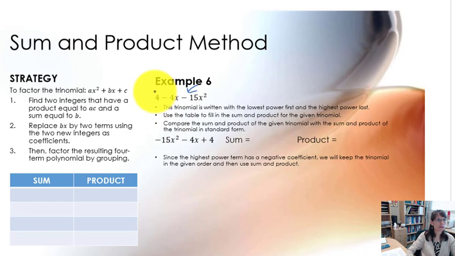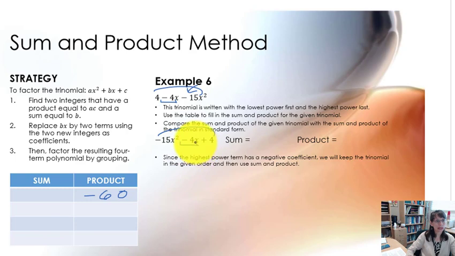So if you multiply 4 times negative 15, that product is negative 60. So I'll put that in our table. If you have the trinomial written in the standard form, negative 15 times 4, that is still negative 60. So our product is correct. Our middle value of negative 4 for the coefficient tells us the sum.